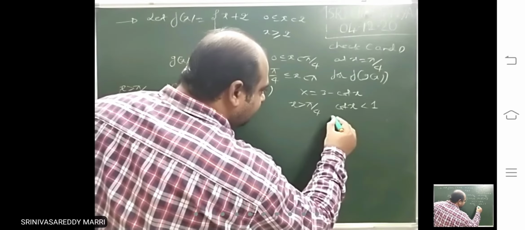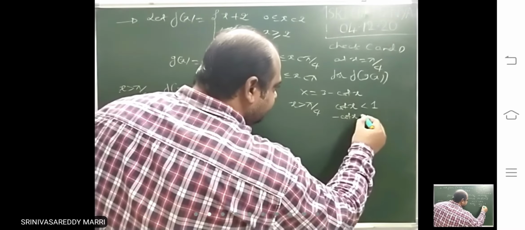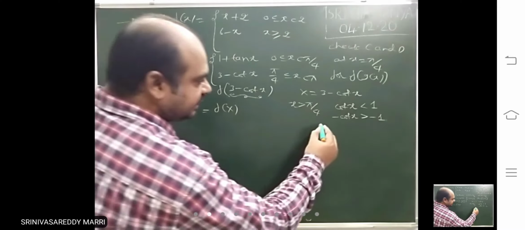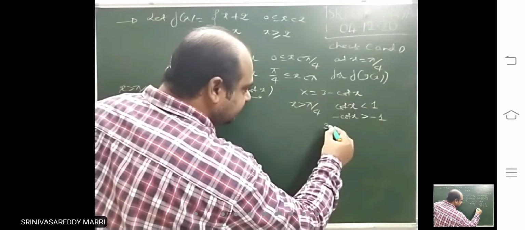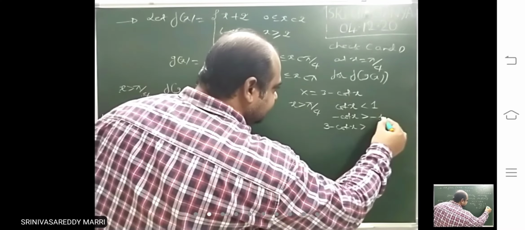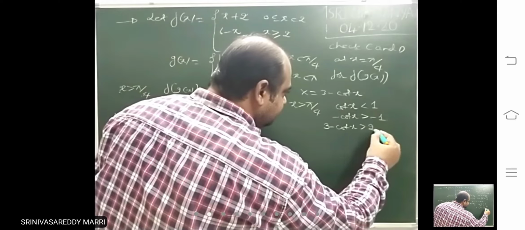Multiply with minus on both sides: minus cot x is greater than minus 1. Adding 3, 3 minus cot x is greater than 3 minus 1, that is 2.